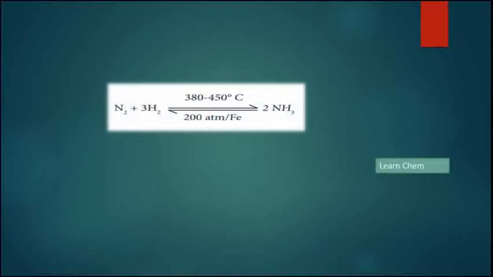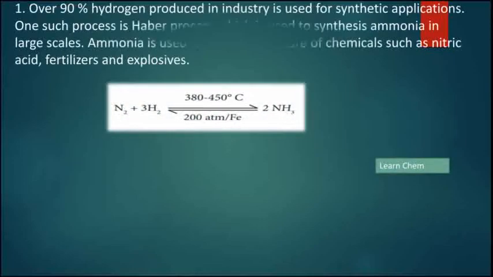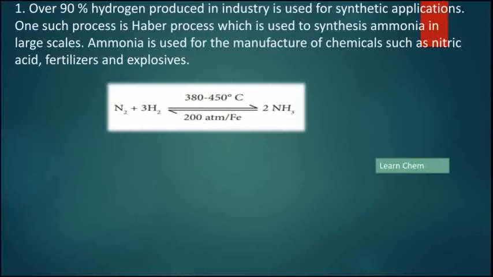Uses of hydrogen. Most of the hydrogen produced in industry is used for synthetic processes. For example, the Haber process. It's the process used to prepare ammonia. That is synthesis of ammonia. On a large scale we are producing ammonia by this process. This ammonia is used to prepare nitric acid, fertilizers and explosives.